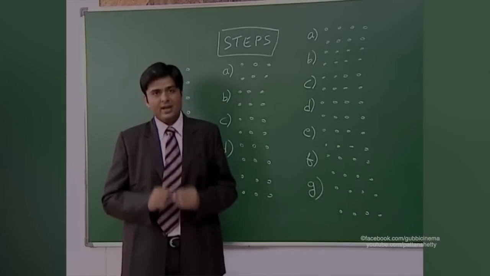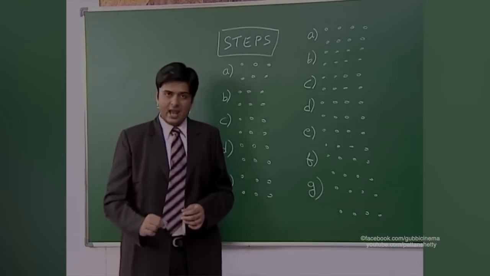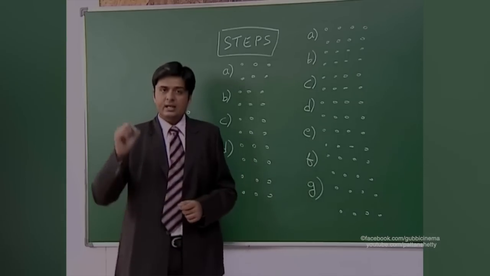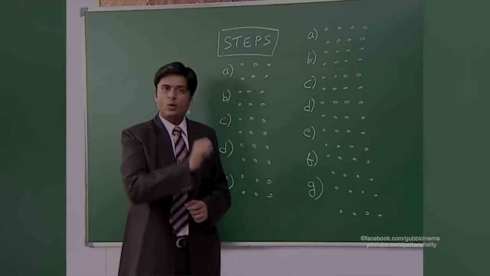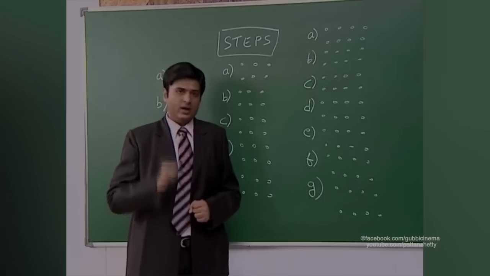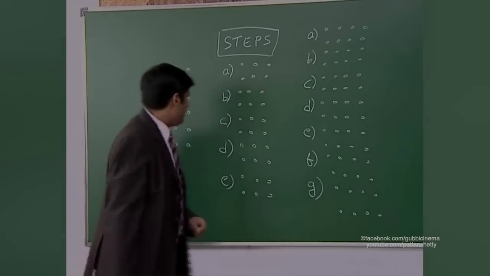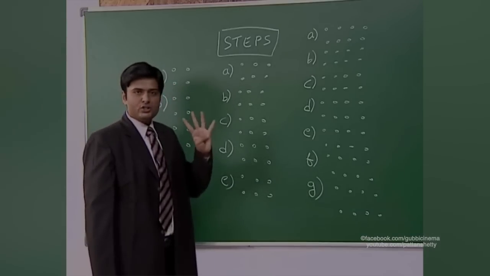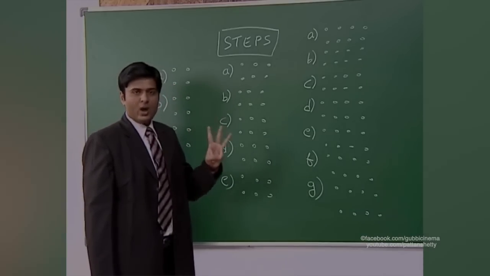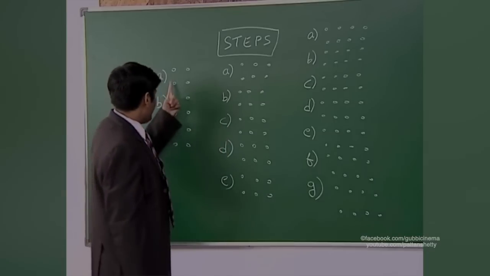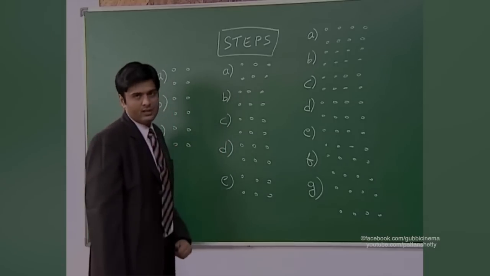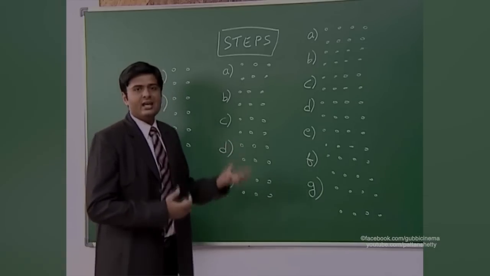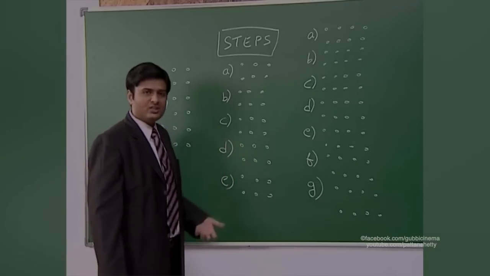The formula is very simple. The formula says double minus 1. I repeat, double minus 1. Let me tell you how it works. When I multiply 2-digit numbers, double of 2 is 4 and 4 minus 1 is 3. That means I use 3 steps. When I multiply 3-digit numbers, double of 3 is 6 and 6 minus 1 is 5.